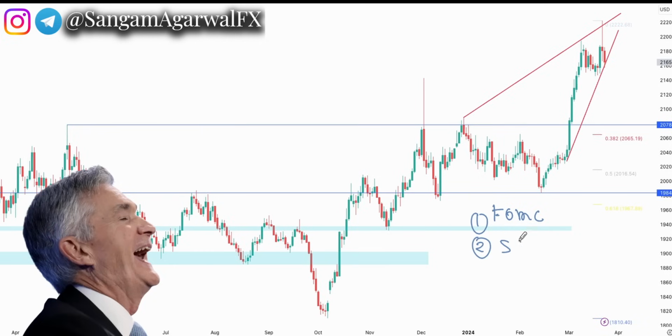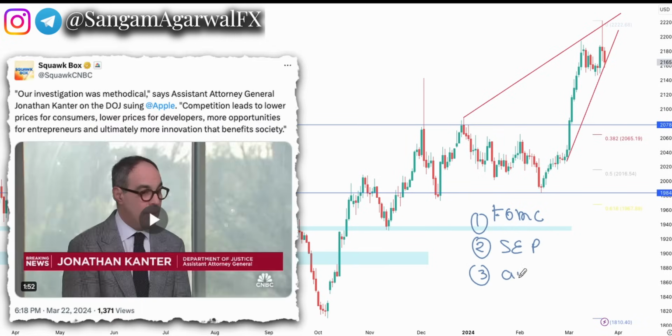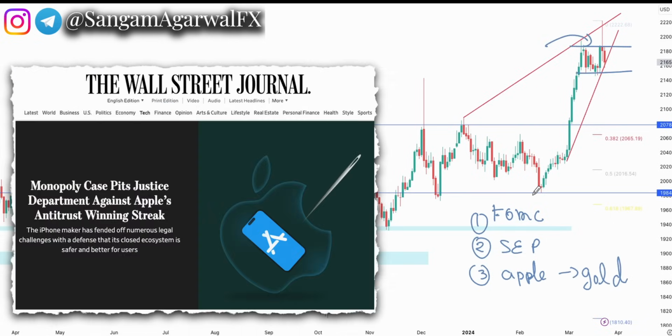Very few people are talking about the hawkish SEP, but nobody is saying how that Apple monopoly case will affect gold in the long term. And they are trying everything: monetary policy, fiscal policy will not come before the election. Apple is just the beginning, next will be Google, then Facebook last.